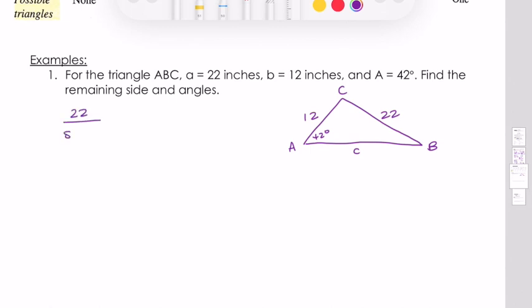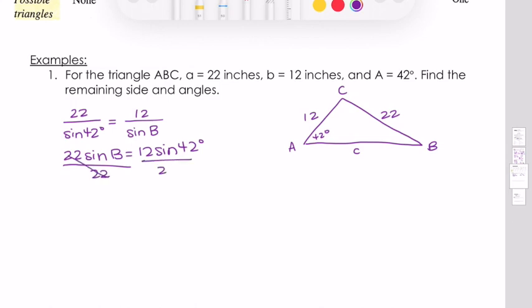I am first going to find angle B. So I already know I'll have to use sine inverse at the end to get B by itself. Go ahead and cross multiply and divide, get sine B by itself. Alright, so we end up with sine B equals 12 sine of 42 degrees over 22.